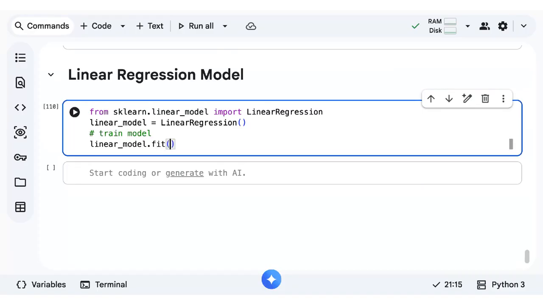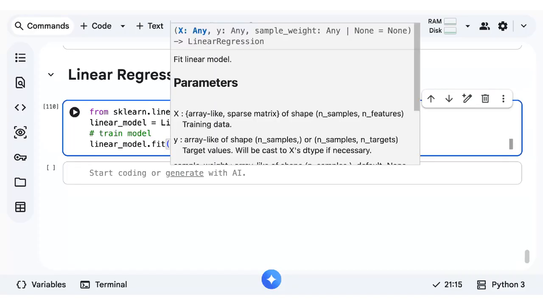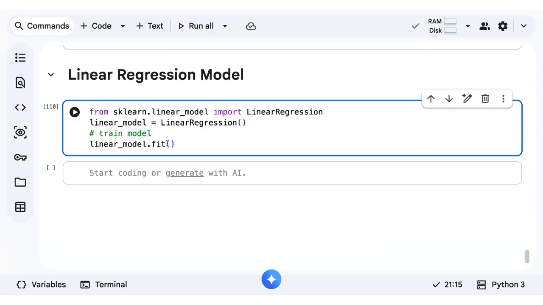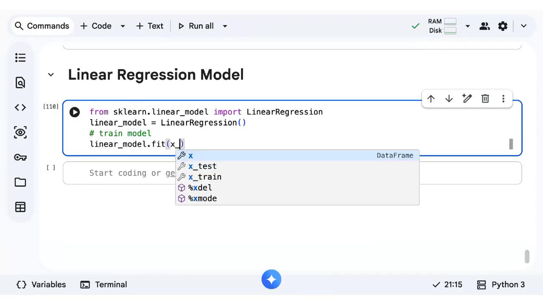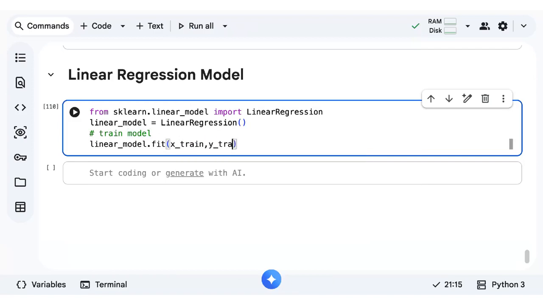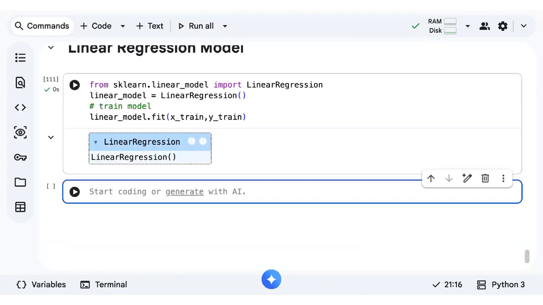What should be used for training a model now? Which data should be used? X train. Yes, both X and Y, because it's supervised learning. For training the model, we have to use X train as well as Y train. That's it. Done with training. 3 lines of code. So once you train, what do you have to do? Test the model. So how do you test?